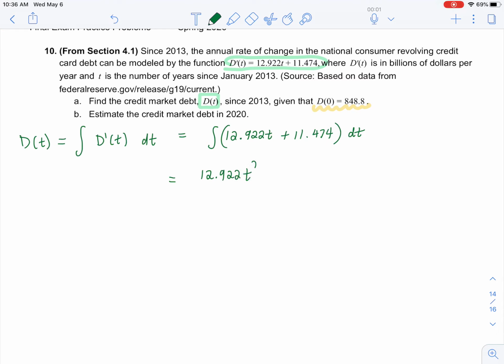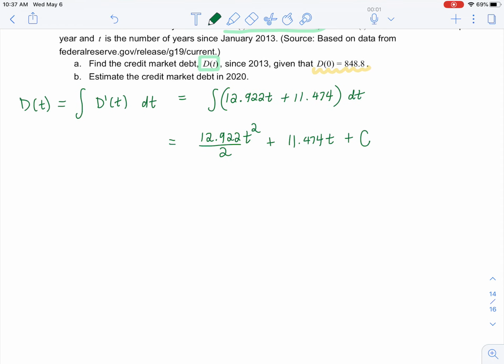So 12.922t raised to the second power, and then divide by the new power of 2, plus 11.474t to the first power and divide that by the new power of 1. That's just going to be that. Plus what variable? Plus c for this unknown constant of integration, right? But we're about to find that.